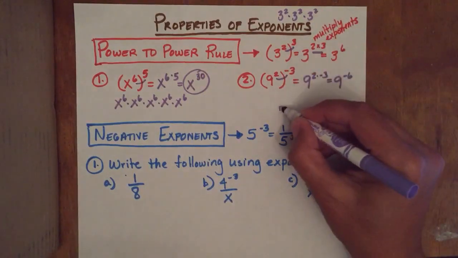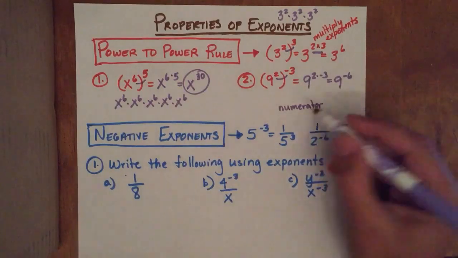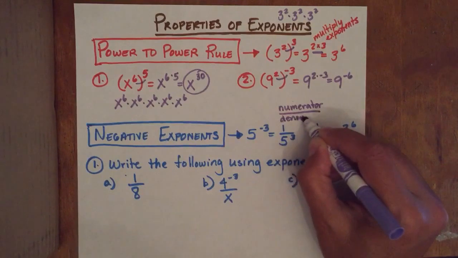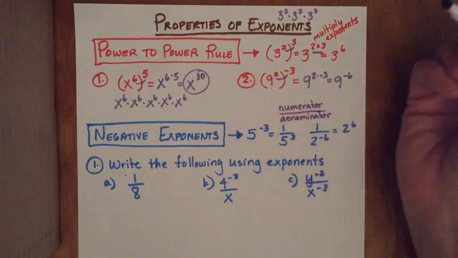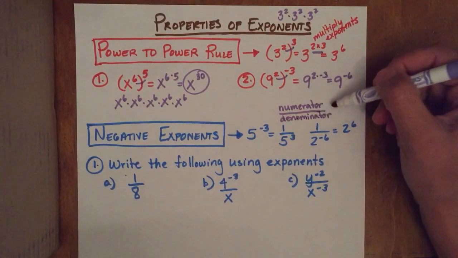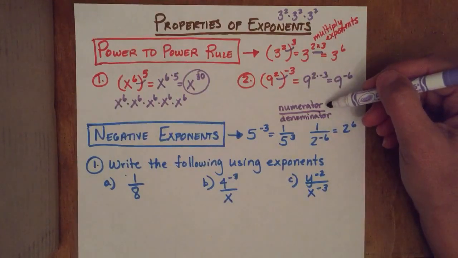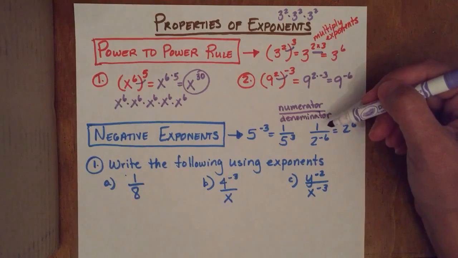As you remember, every fraction has a numerator, which is your top value, and a denominator, which is your bottom value. So when I have negative exponents, I'm basically going to be moving the terms back and forth between the numerator and the denominator. And if I take a positive exponent from one and move it to the other, it becomes a negative exponent, and vice versa.